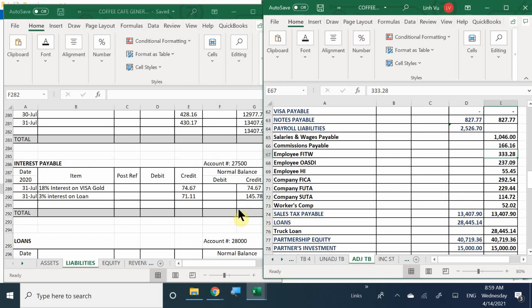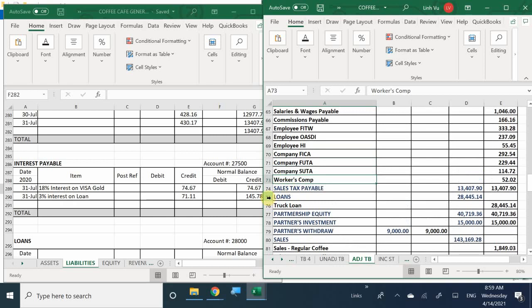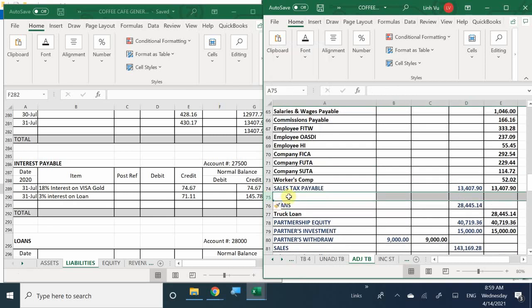Okay. What about, I have another new account here for interest payable. So I have to insert that in here between sales tax and loans payable. Okay, so all right. Remember, I had to accrue for the interest on my credit card.